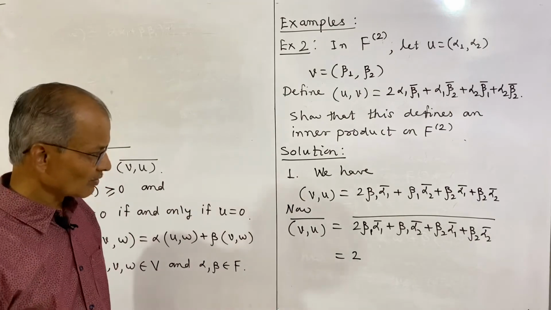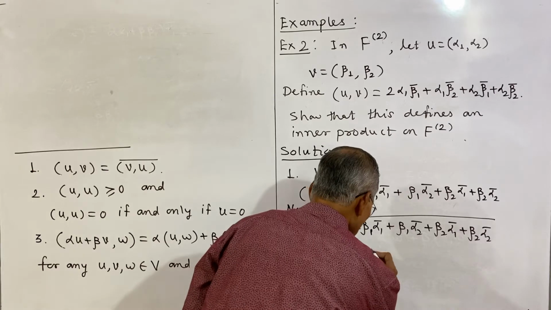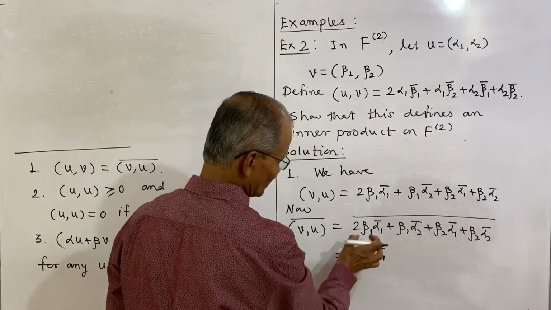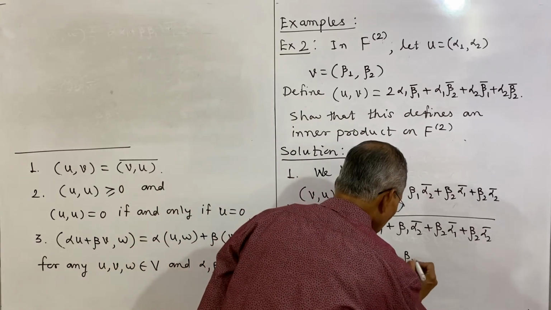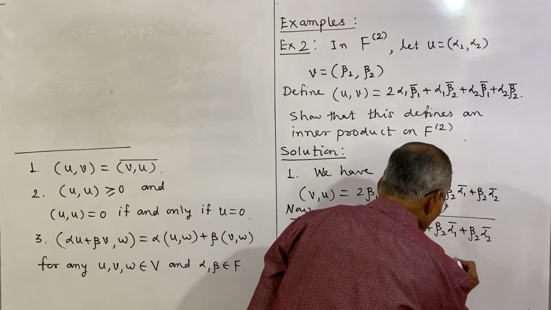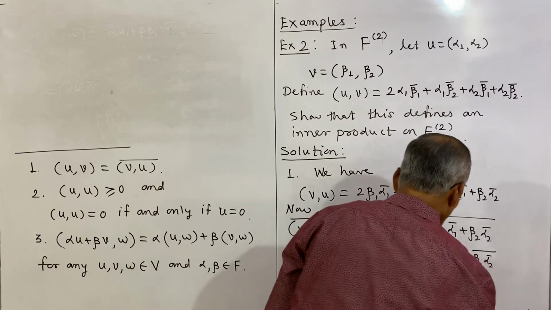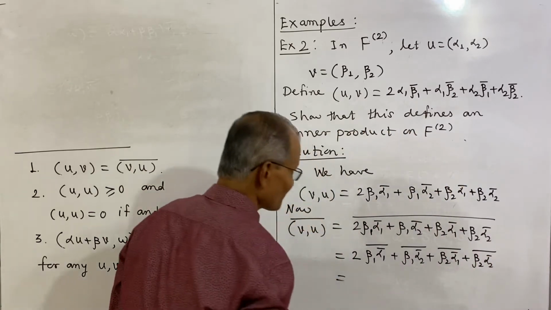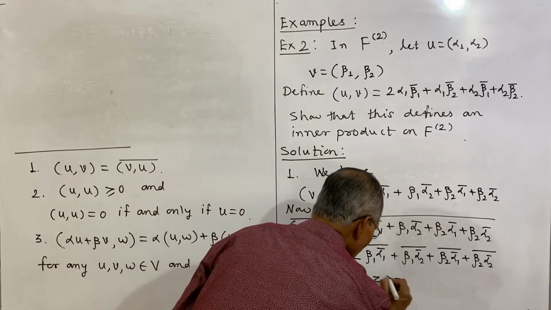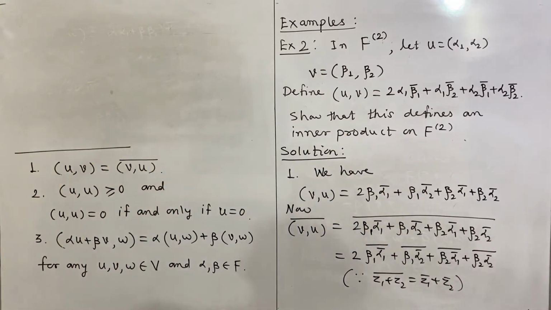For a real number its conjugate is the same, and this will be conjugate of beta 1 alpha 1 part, plus conjugate of beta 1 conjugate of alpha 2, plus conjugate of beta 2 conjugate of alpha 1. Here we have used that conjugate of z1 plus z2 is equal to conjugate of z1 plus conjugate of z2.